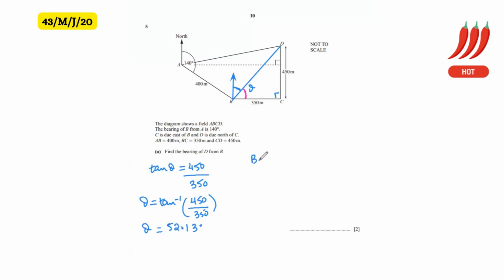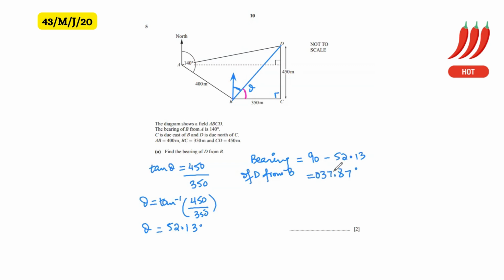So then the bearing of D from B is going to be 90 minus 52.13, which equals 37.87 degrees.